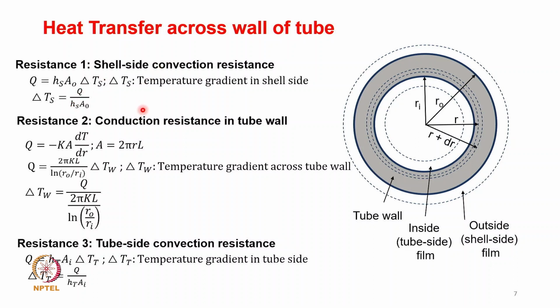Now look at contributor number 2, where you have conduction. Conduction requires the conduction equation. Q is again the rate of heat transfer, K is the conduction coefficient, then area, and dT by dr. The area here is 2 pi r l, so 2 pi r is the perimeter, and l denotes the length of the tube.